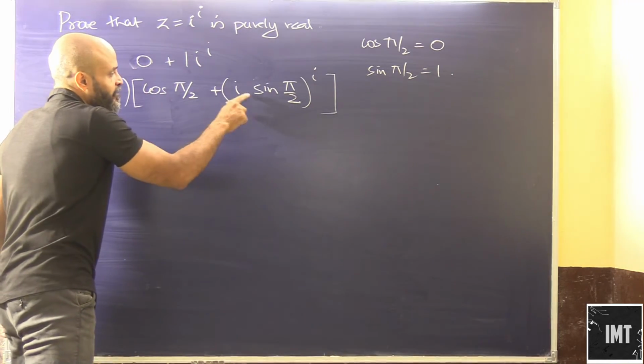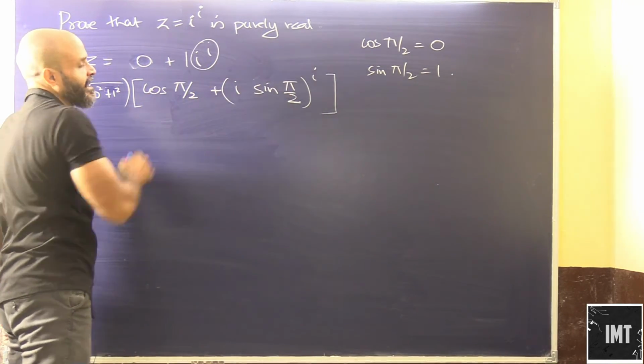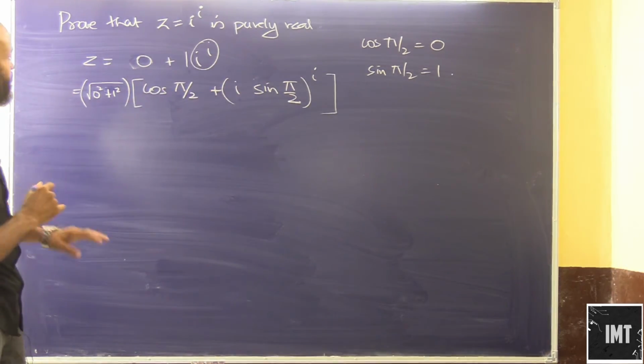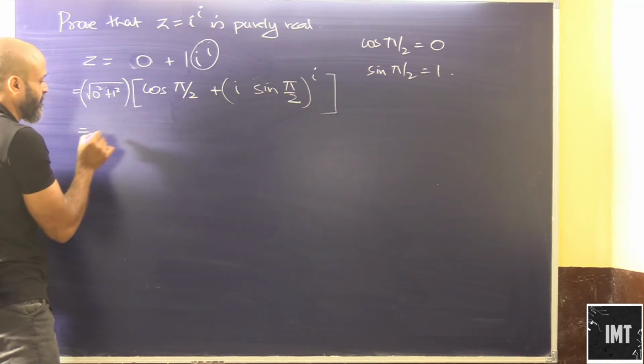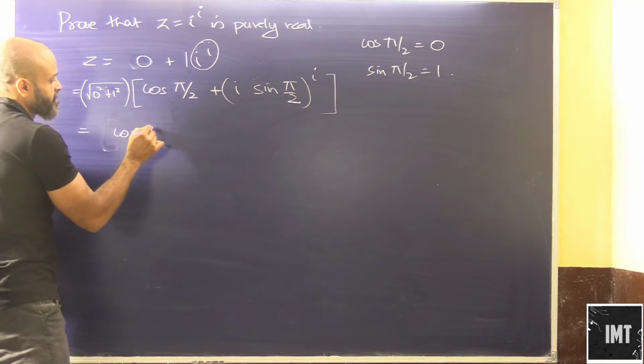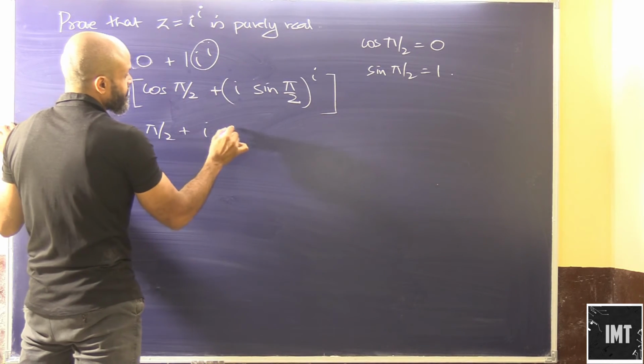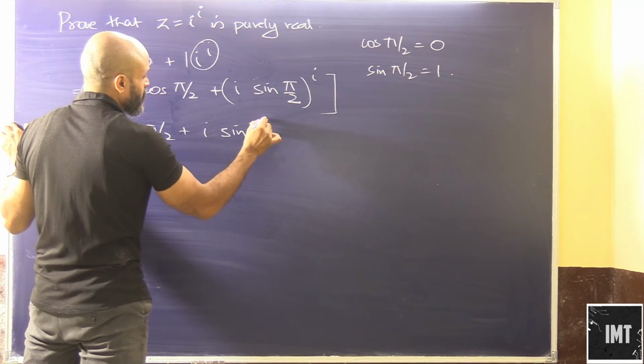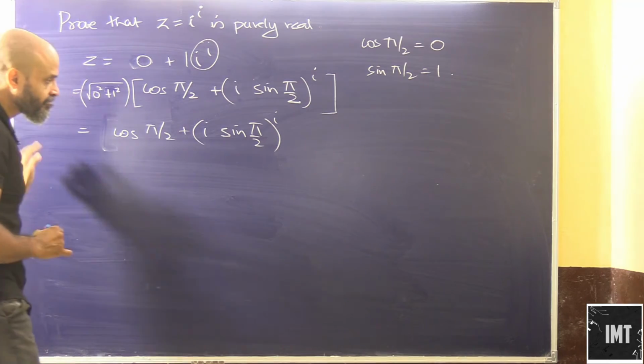So this will be 1 to the power of i, which is what we get as the complex number. Okay, so this will be cos pi by 2 plus i sin pi by 2 to the power of i.